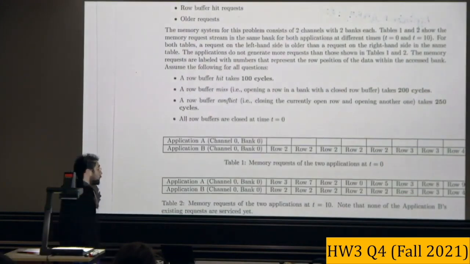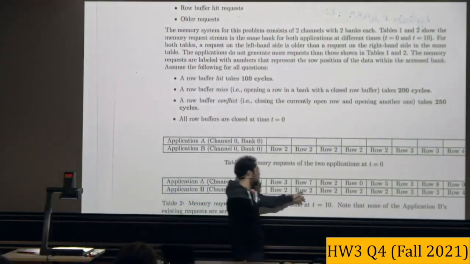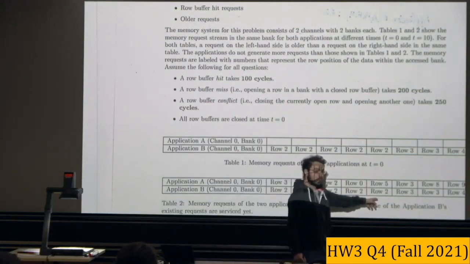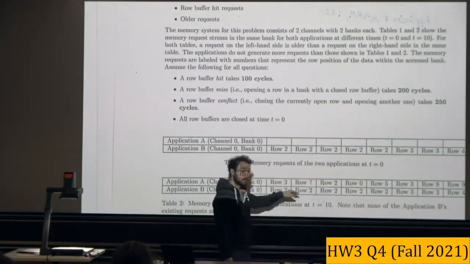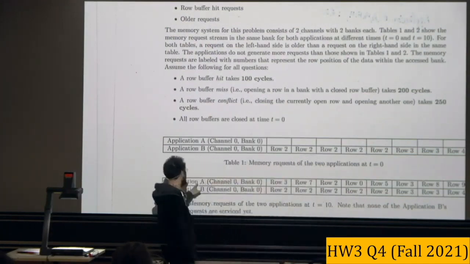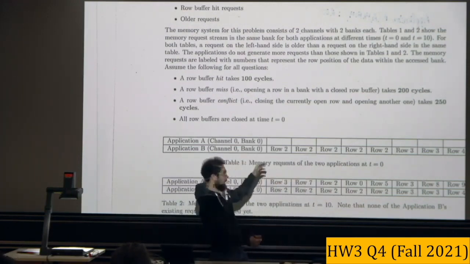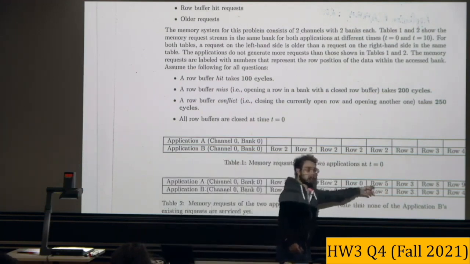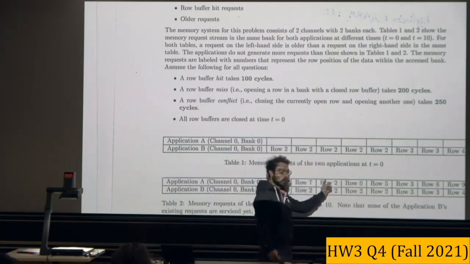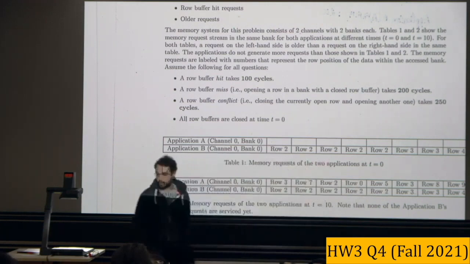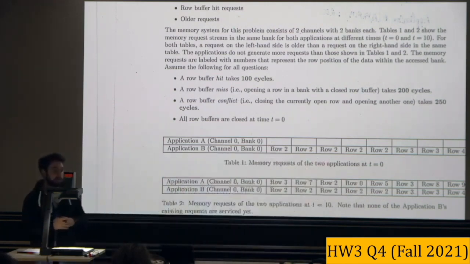Then application B will execute 1, 2, 3, 4 requests because these are all hits. But in application A, there is also row 2, right? So before this row 3 is opened, we need to execute one hit from application A. Because this request can be serviced, it's in the same row buffer, right? So we can actually perform the request.